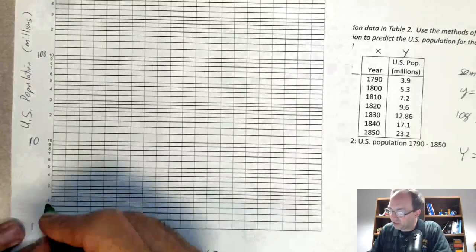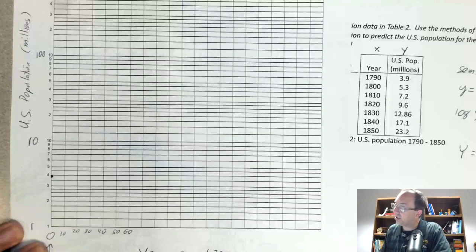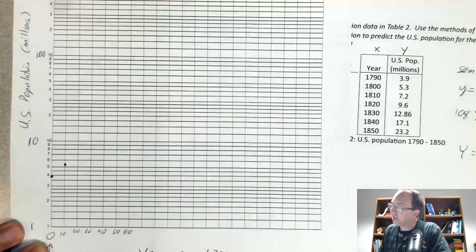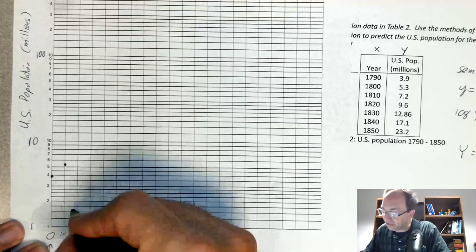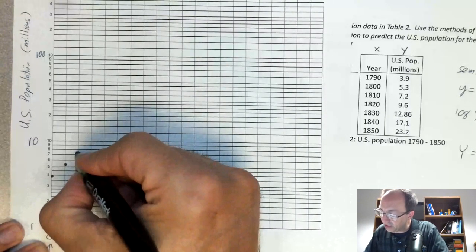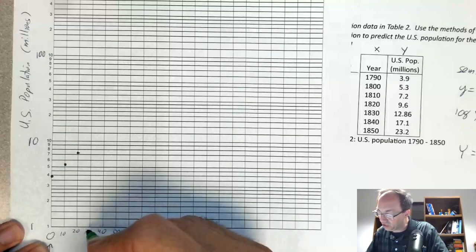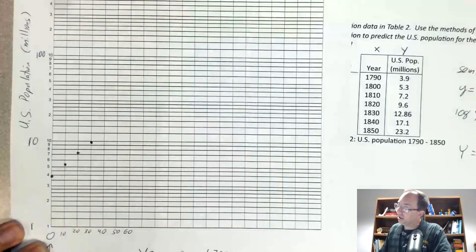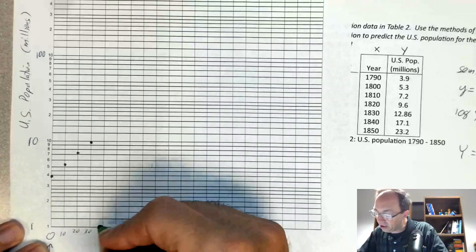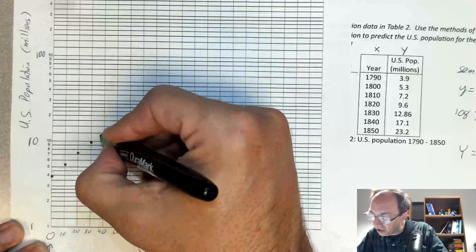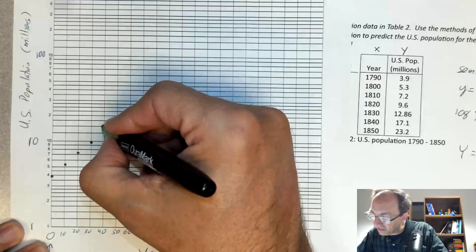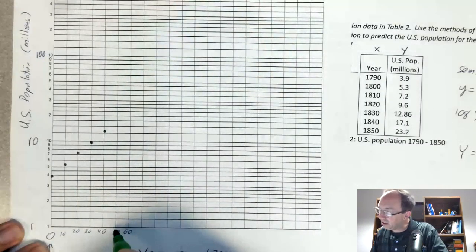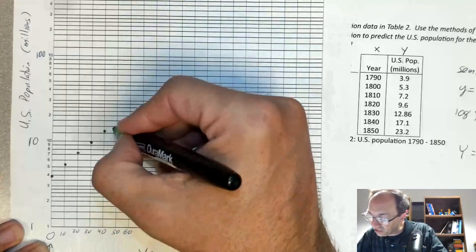1790 is 3.9, so that would be about there. 1800 would be 5.3, about there. 1810 is 7.2, so about there. 1820 is 9.6. 1830 is not quite 13, that's 15, 12 and a half, so maybe about there. 1840 corresponds to 17.1.